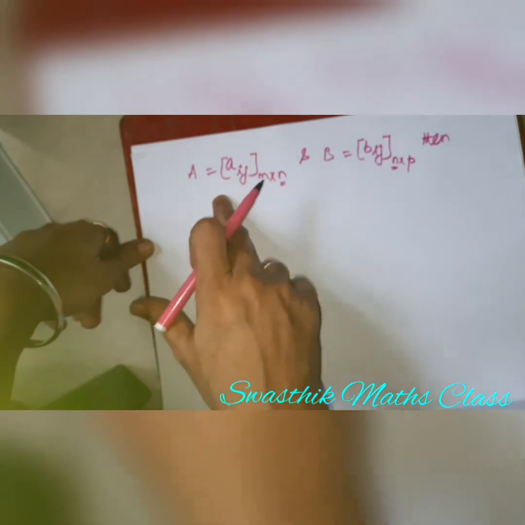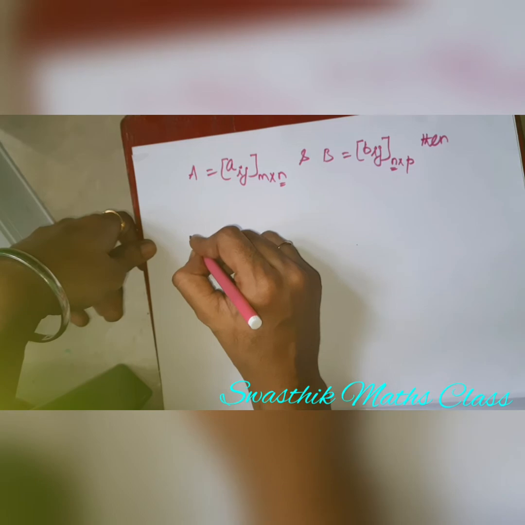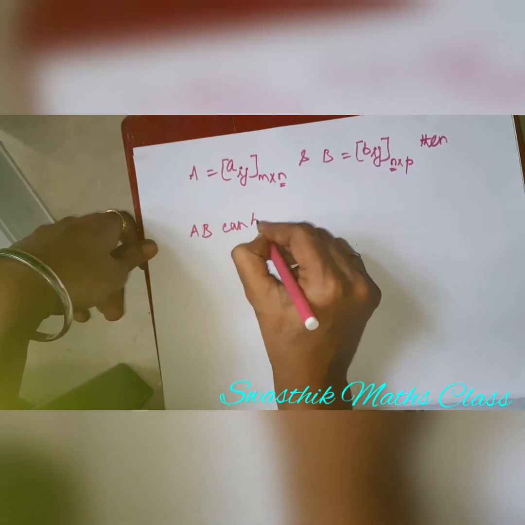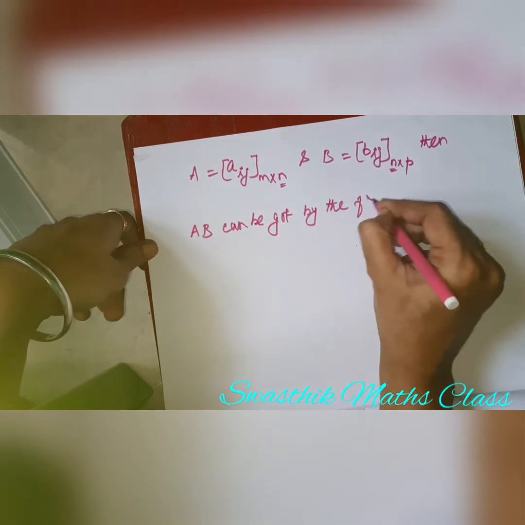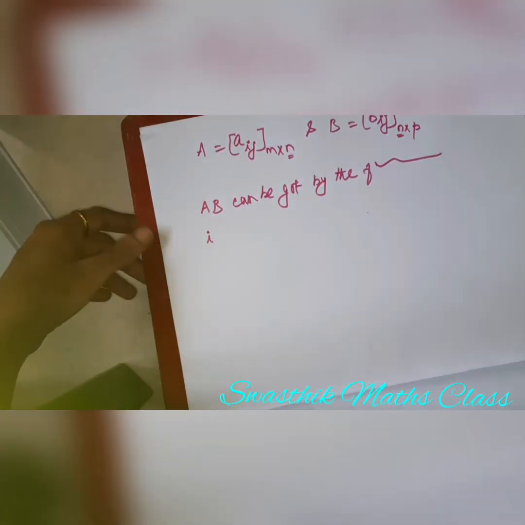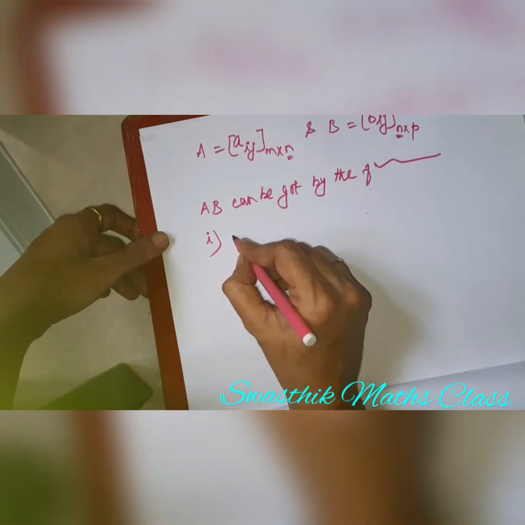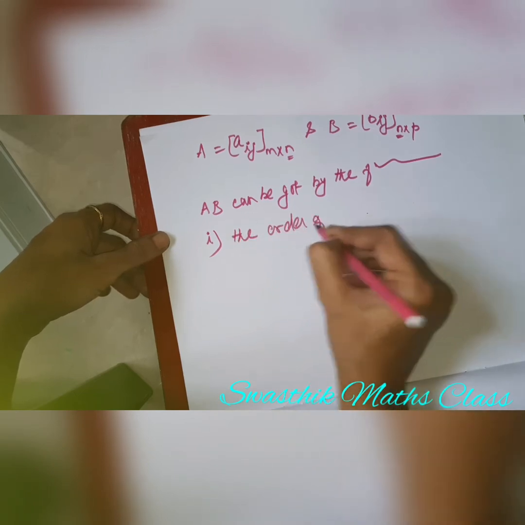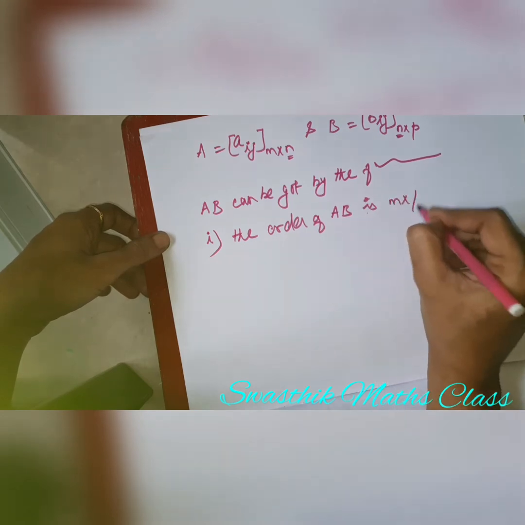Then how to get the product AB? The procedure is as follows. First of all, the order of AB is m by p.